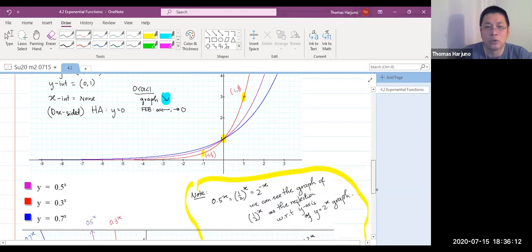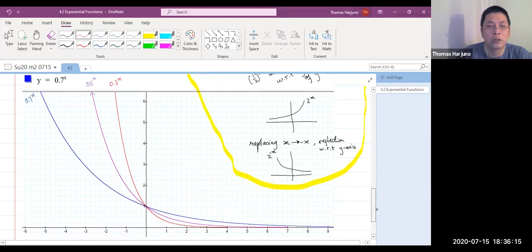Okay, suppose we look at this one here. The red one, again, the important coordinates are (0, 1), and this guy here will be (1, the reciprocal of 0.3), that's 10/3. Okay, and then I'm sorry, what am I doing? That's the one when x equals negative 1.